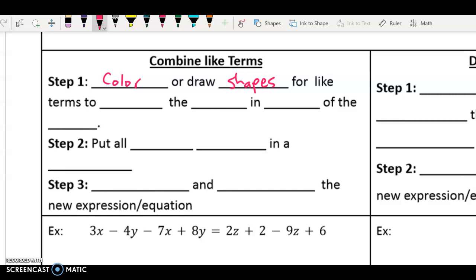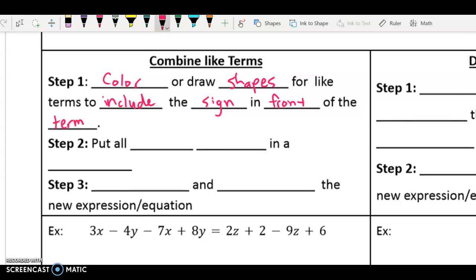Now, while we're coloring or drawing shapes around the terms that are alike, we want to make sure to include, kind of like a D, C-L-U-D, terms to include the sign in front of the term.